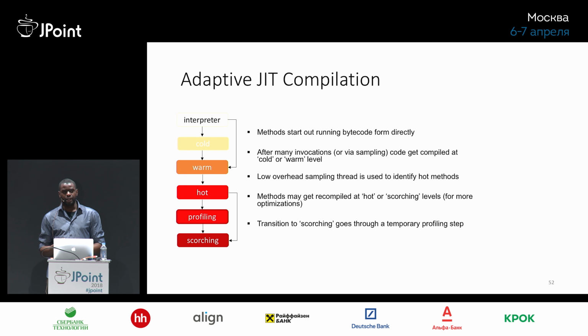The cold stage is not heavily optimized, but it performs the compilation step very quickly. The warm stage performs more optimizations, but takes a little longer. And likewise with the hot stage. The profiling stage generates optimized code, but it also adds in profiling counters. And the final stage is the scorching stage, which does the most optimizations, but also takes the longest to compile.